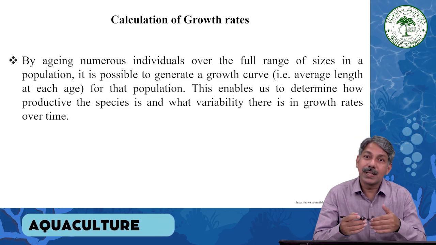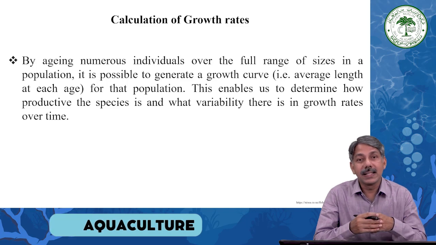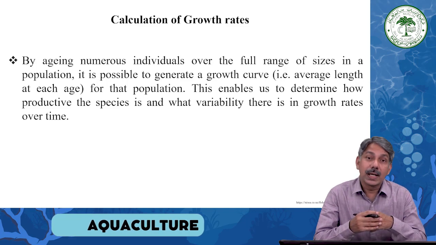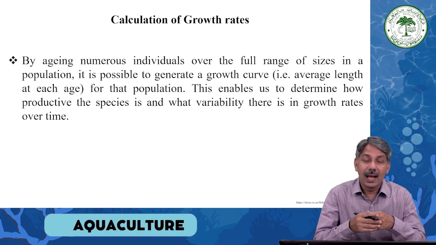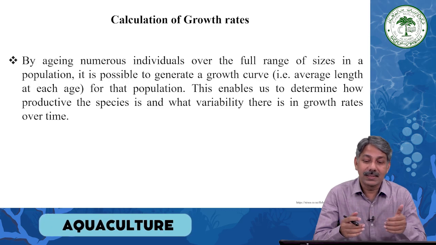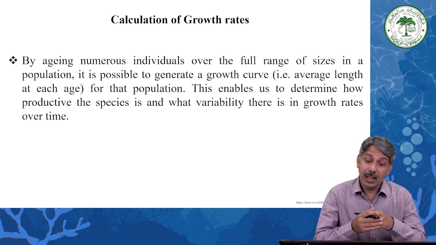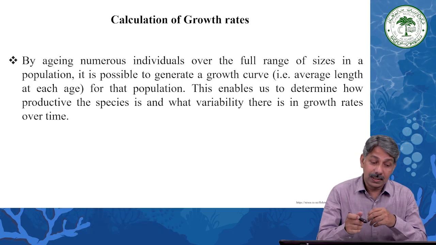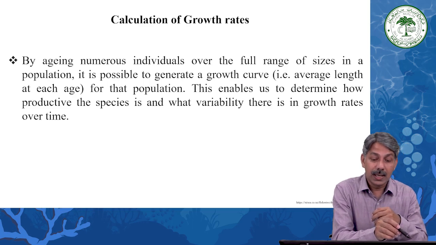And if that time period suits us, then we select that candidate species for aquaculture, so that profitability in the aquaculture practice is there and the entire aquaculture system is sustainable and economically viable.